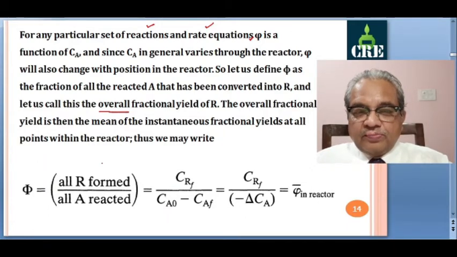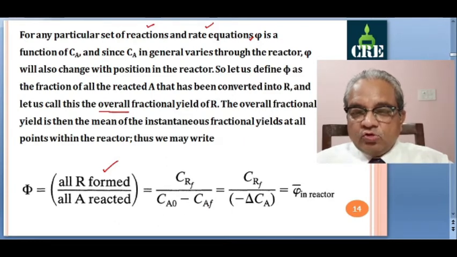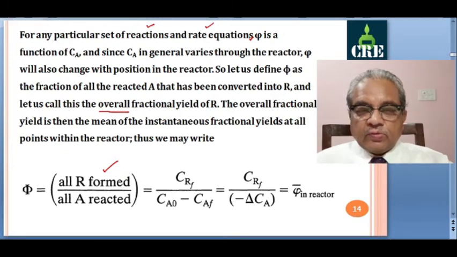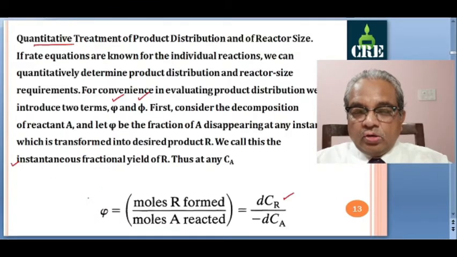So this capital Phi is all R formed divided by all A reacted. What is all A reacted? Minus delta Ca. If some Ca final is still unreacted, then it is Ca0 minus Caf. All R formed is CRF. So this CRF by minus delta Ca will give you the overall fractional yield.